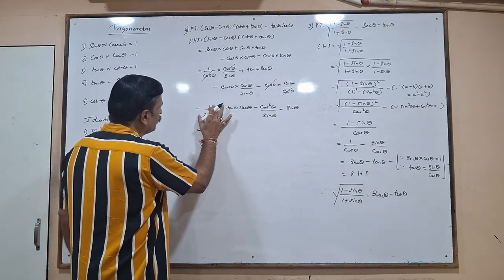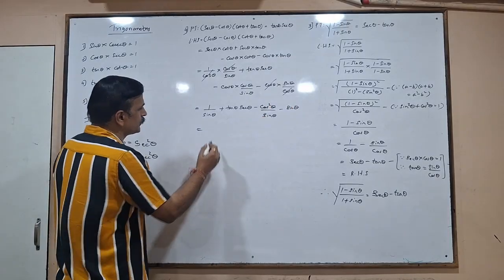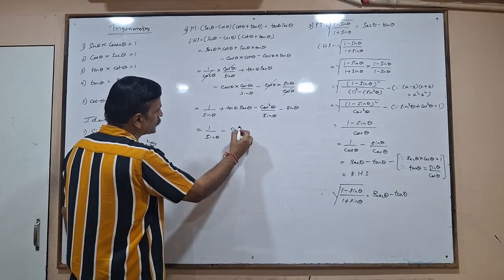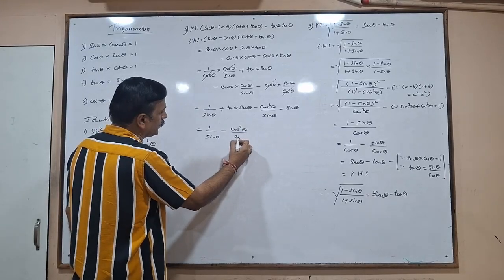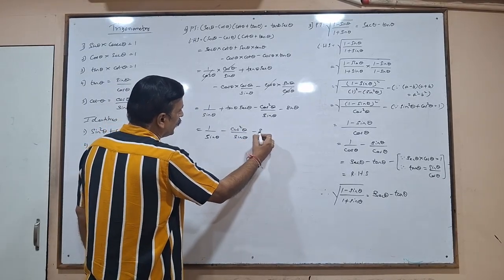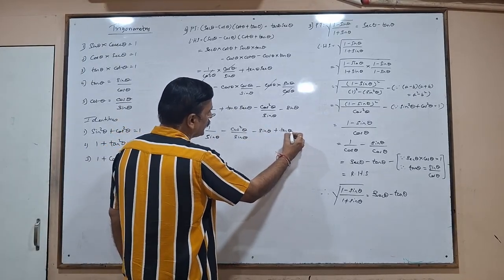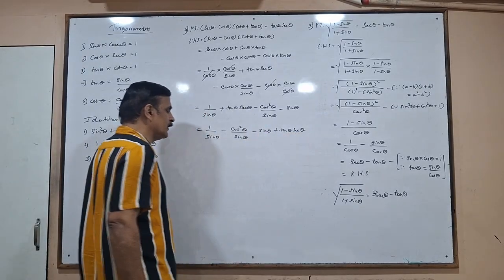Now let us bring together these two terms. 1 upon sin theta minus cos square upon sin theta, minus sin theta in the last term, which is our answer, tan theta into sec theta.